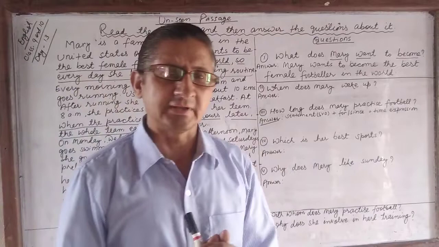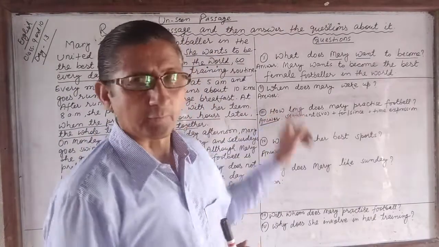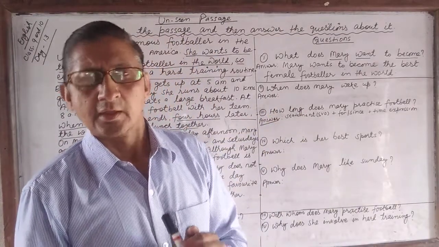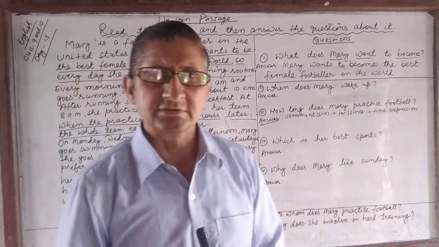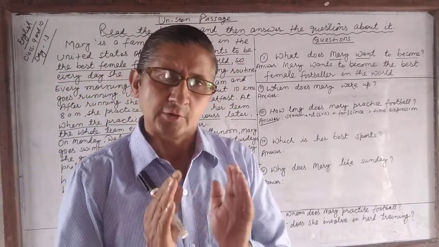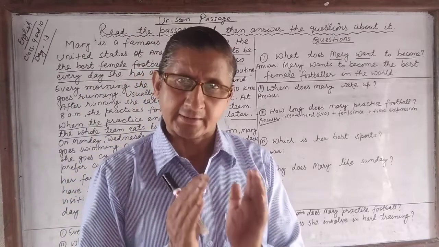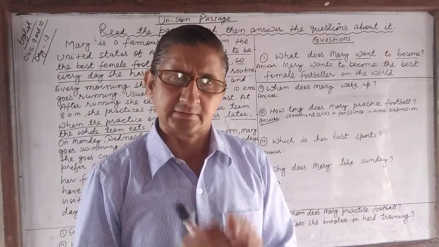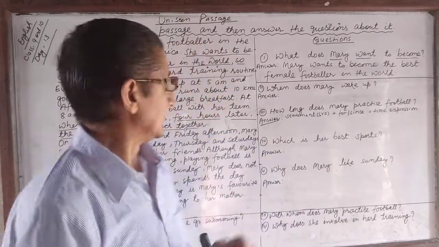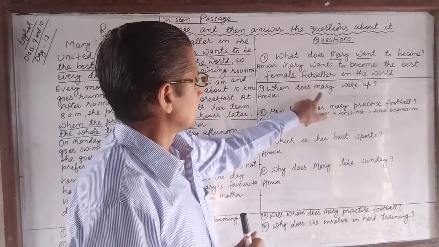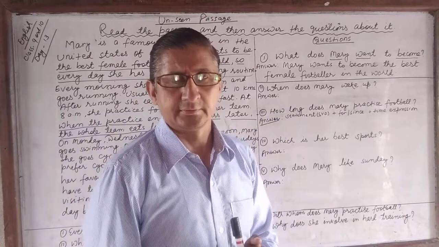Our next question is when question. While writing the short answer questions in comprehensive passages, we read the question first and underline the keywords. Let's read the question. When does Mary wake up?